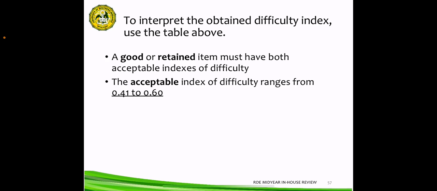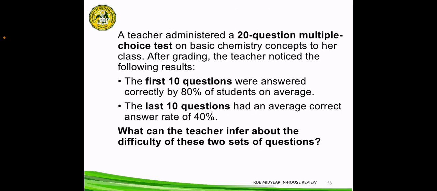Let's go back here. A teacher administered the 20-question multiple choice test. The first 10 questions were answered correctly by 80% of students on average, and the last 10 questions had an average correct answer rate of 40%. So the first half of the test has 80% correct answers, and the second half only has 40%.